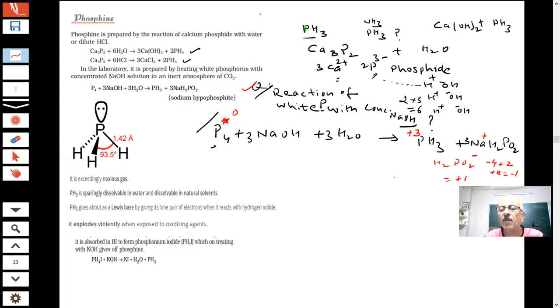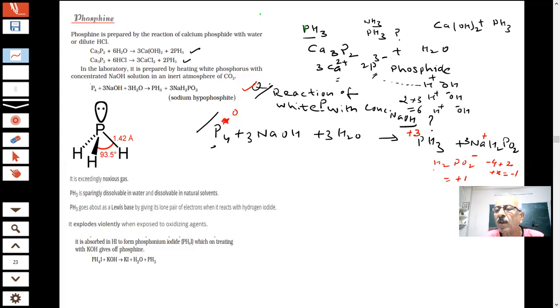Oxidation state is coming to be plus 1. Something is wrong here, students. If it is +3, and oxygen is -2, H2.